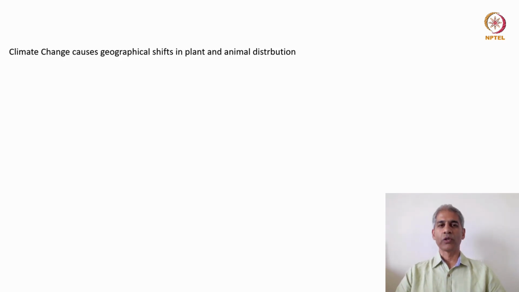So coming to the global effects of climate change. Climate change has been seen to cause large changes in plant and animal distributions. These are geographical shifts which are happening because plants and animals tend to occupy a particular niche where the abiotic factors are optimal for their reproduction and growth.